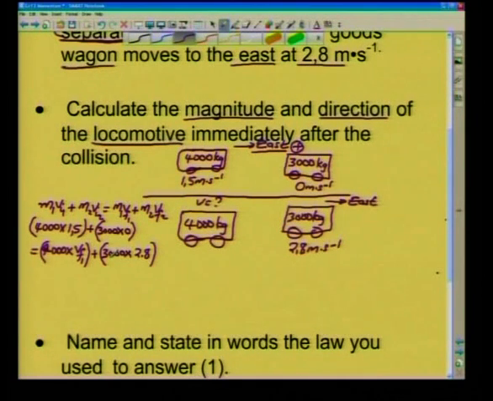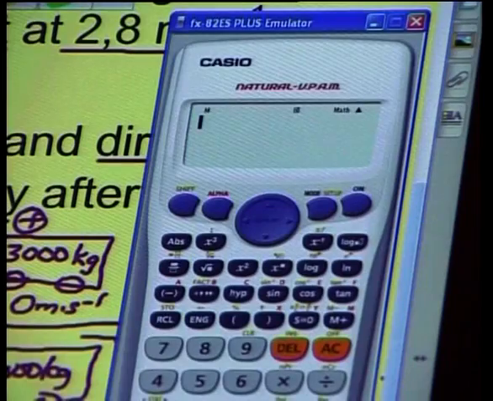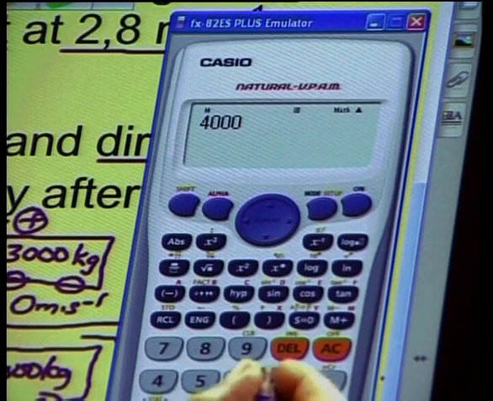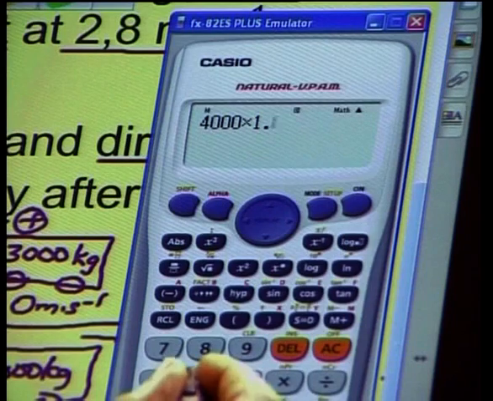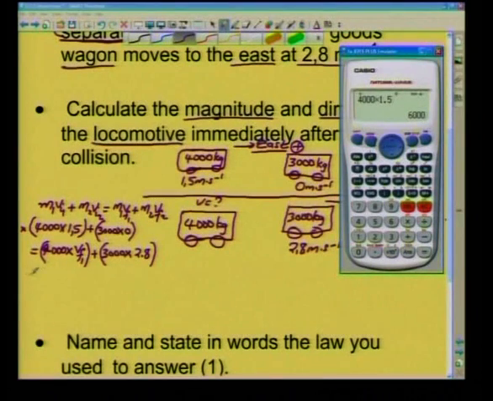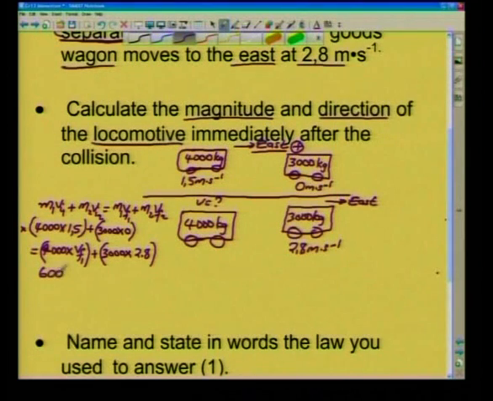We won't put any negative there. Let's look at the left-hand side of the equation. That will be 4,000 times 1.5, which is 6,000. So 6,000 plus 3,000 times 0, which is 0.